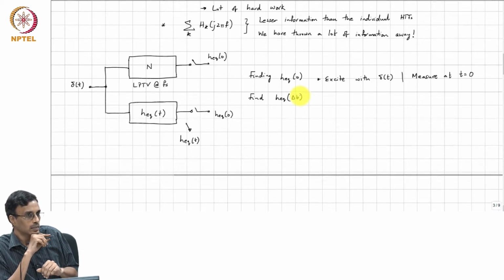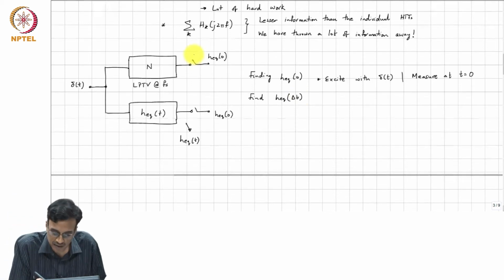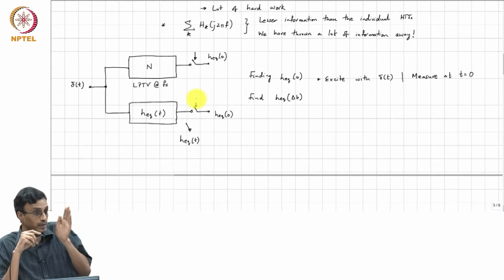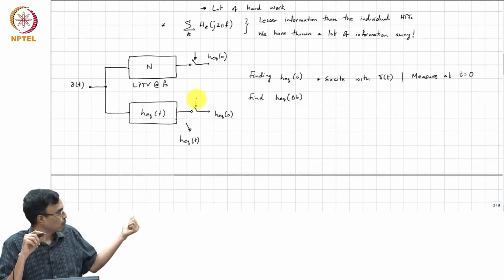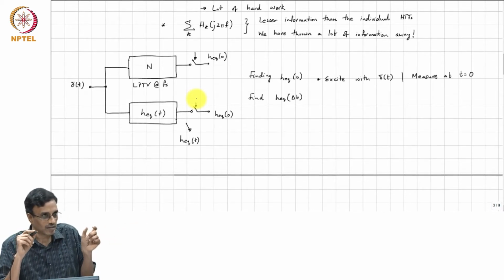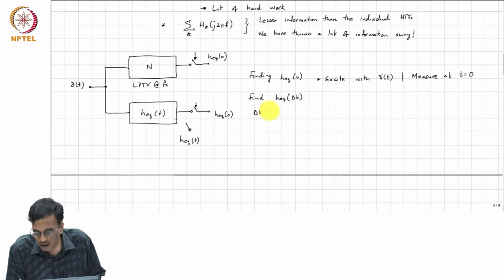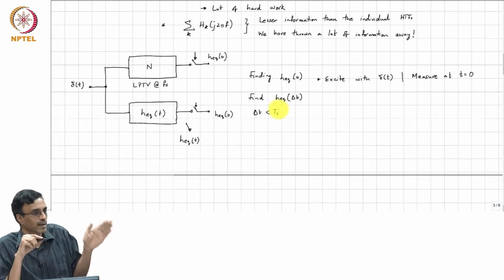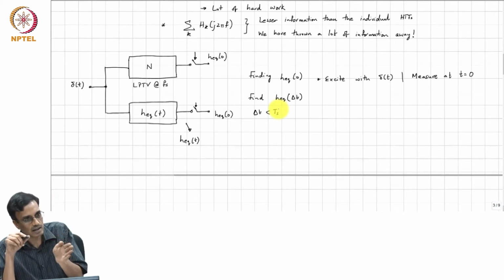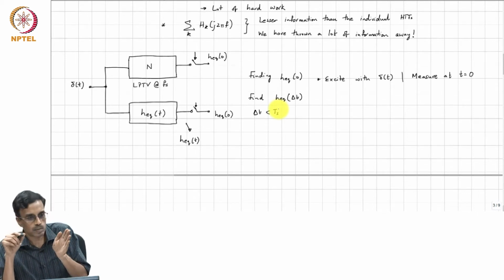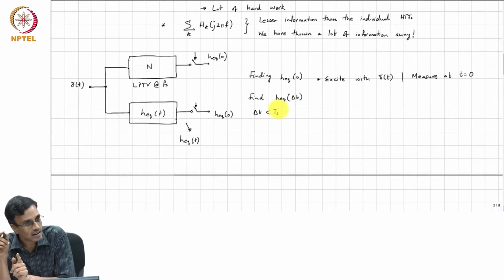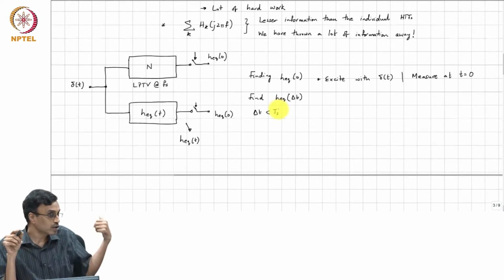Remember, we are sampling only at multiples of Ts, right, but we want H equivalent of delta t, where delta t is smaller than Ts. What do you think we can do? We can't change the sampling instants because we are only sampling at multiples of Ts. So, you can't say you put delta of t and you measure at delta t. What else can you do?